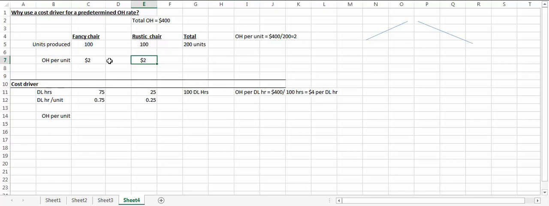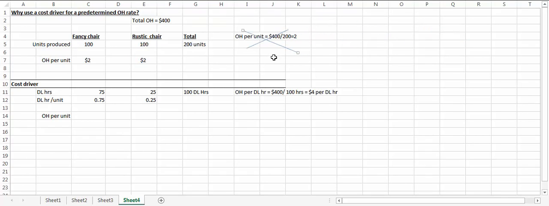If that's the case, then you can clearly see how this $2 per unit might be understated based on the real amount that should be allocated to the fancy chair. And then this might be overstated given that there's very little work or very little consumption of overhead. So if we think that way, then we would probably say that this approach is not ideal.